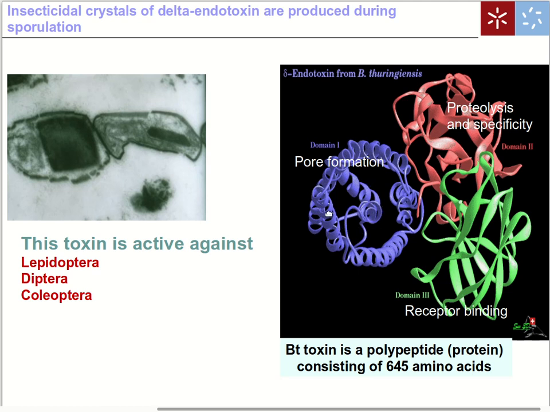It has these 3 domains: the blue one, red one, and the green one. Domain 1, 2, and 3. The first domain is involved in a process called pore formation. The red domain 2 here is proteolysis and specificity, and domain 3 is involved in receptor binding. And all these domains are important for the function of the toxin.